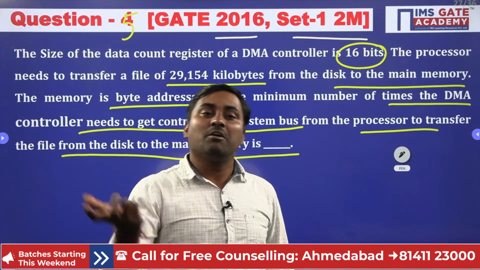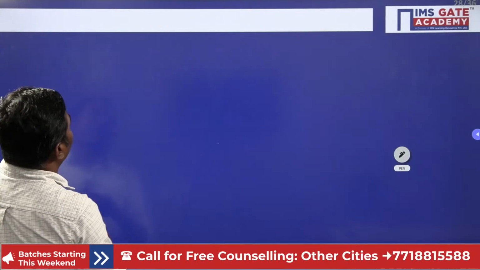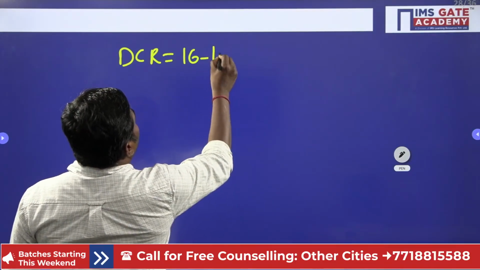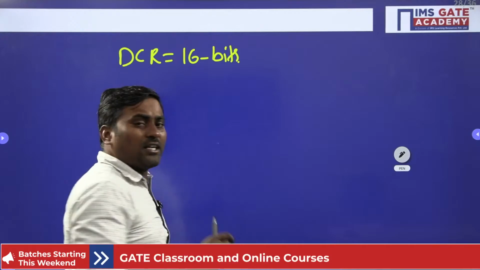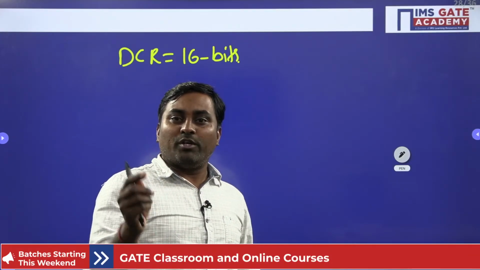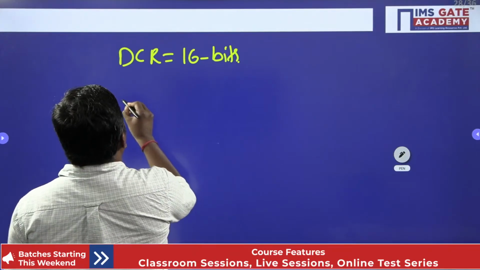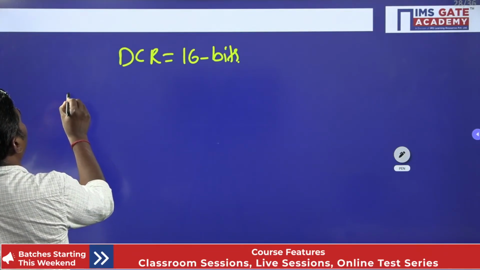What is block size? Block size is nothing but data count register. They said data count register is 16 bit. If the data count register were 3 bit, you could transfer 8 words. Now if the data count register is 16 bit, how much data can you transfer?